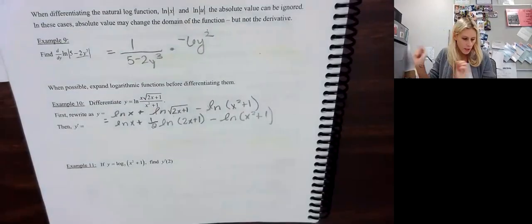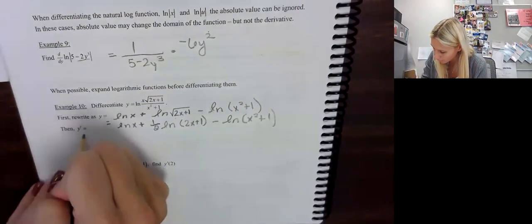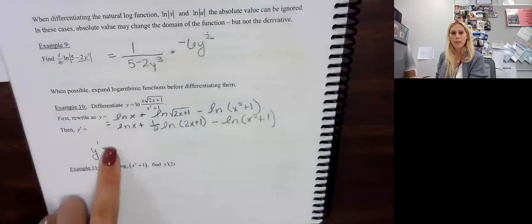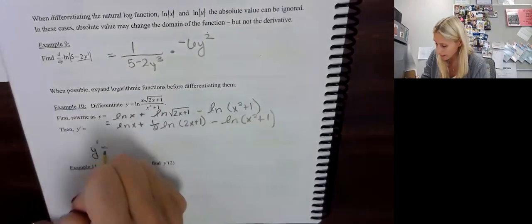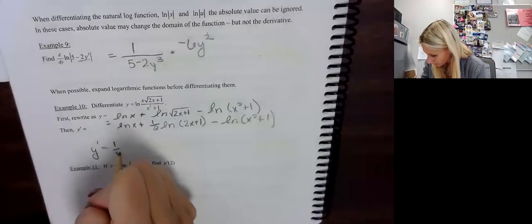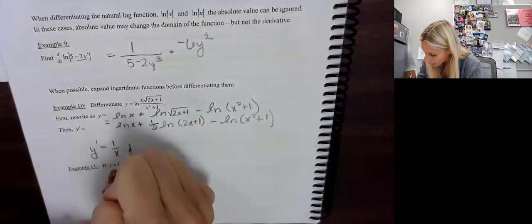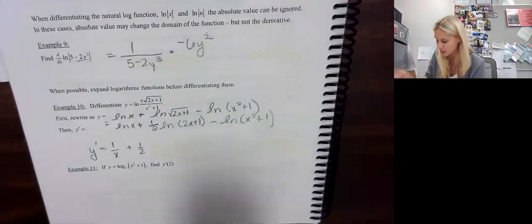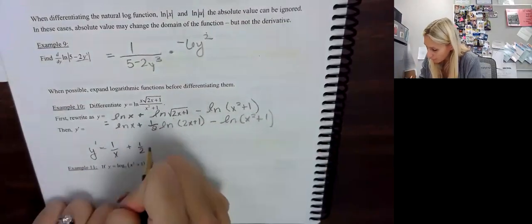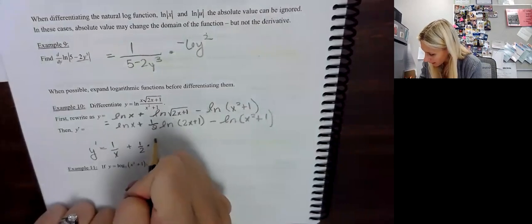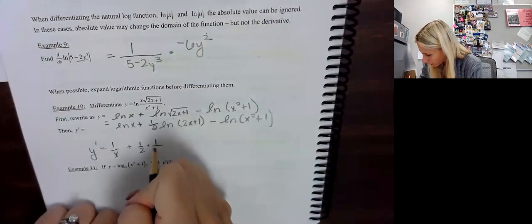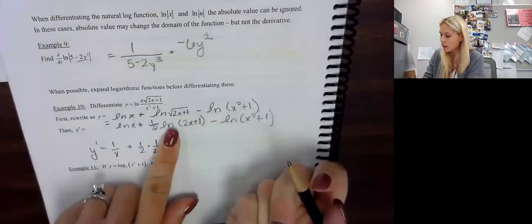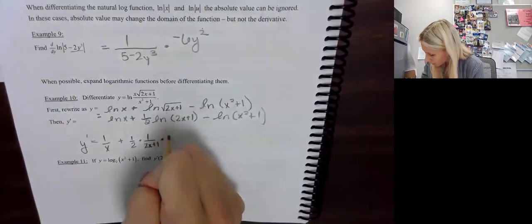Okay, so let's take our derivative then. Y prime. Well, derivative of ln x is 1/x plus, keep that coefficient out front, that scalar multiplication, right? That just stays. Derivative of ln is 1/, what we have, which is 2x plus 1, times the derivative of the inside, which is 2.